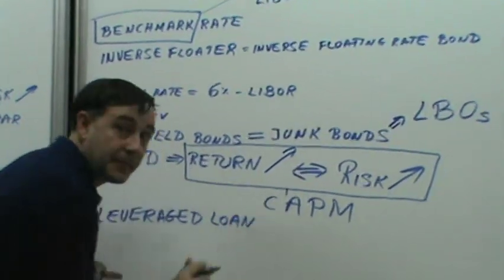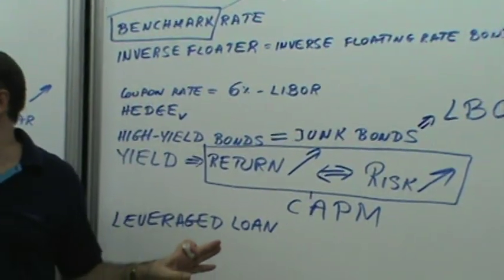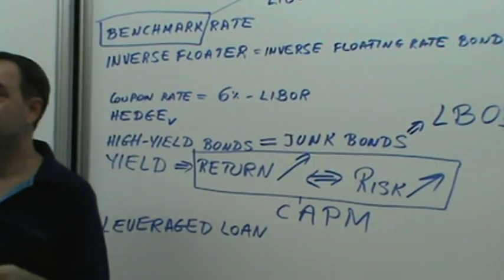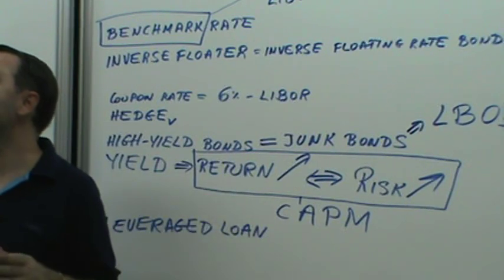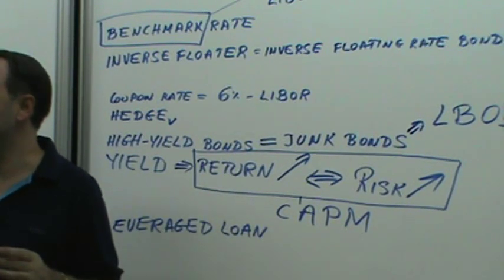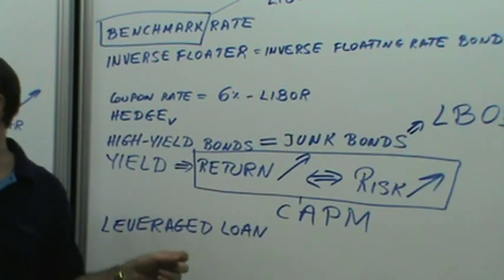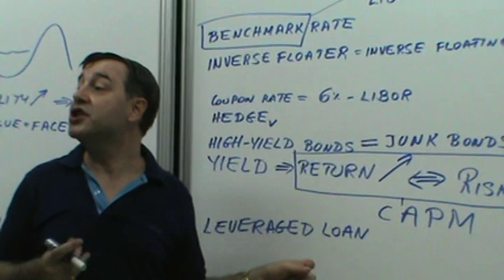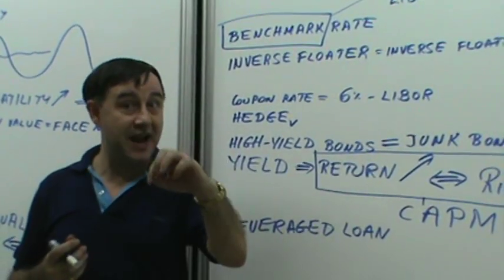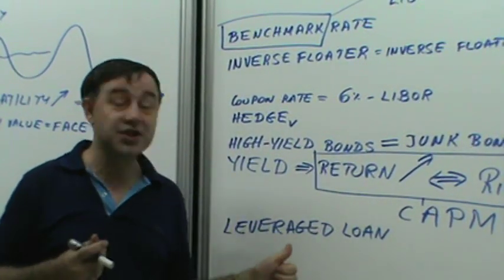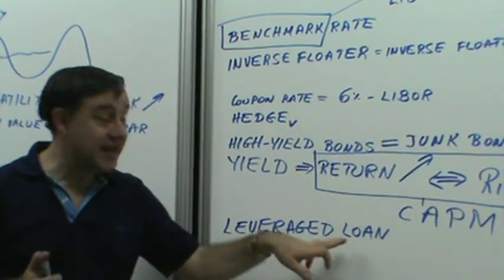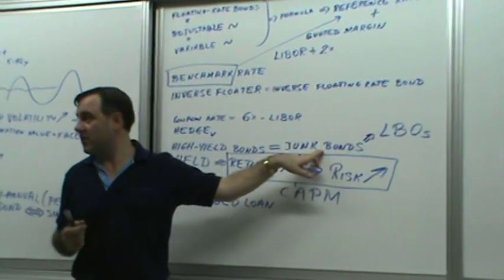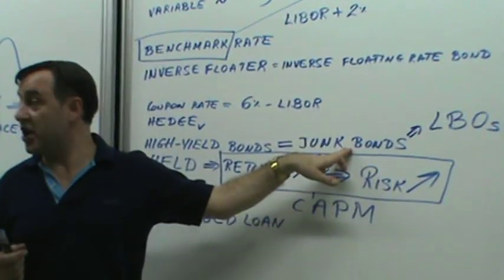They take a leveraged loan and they use the debt to buy the equity. Okay, they use the debt to buy the equity. So what they usually do is they issue junk bonds. This leveraged loan is usually financed with junk bonds. So they issue junk bonds.